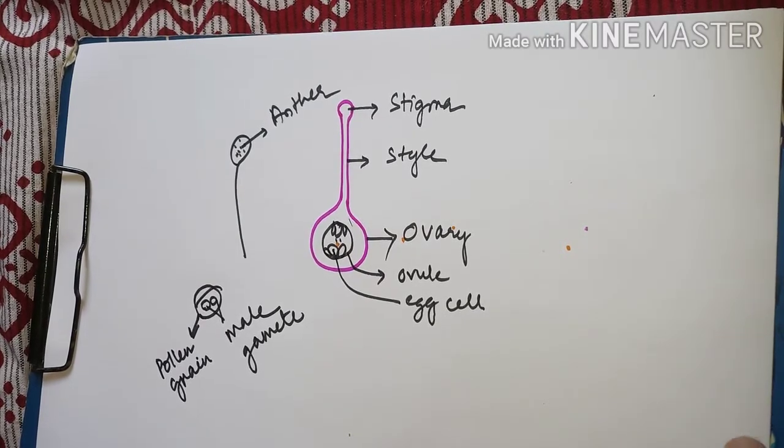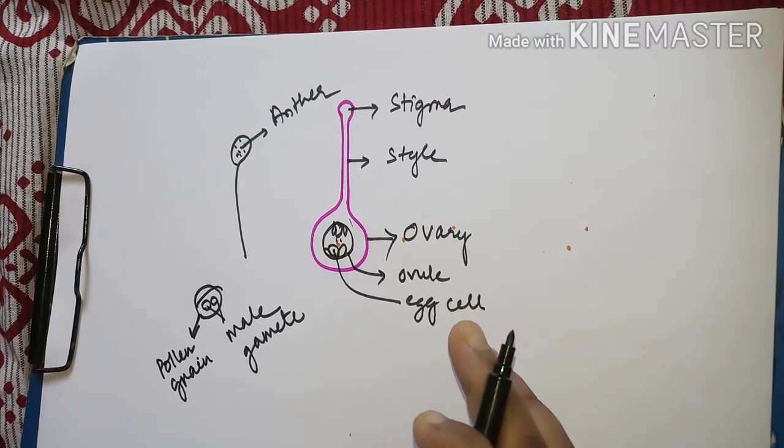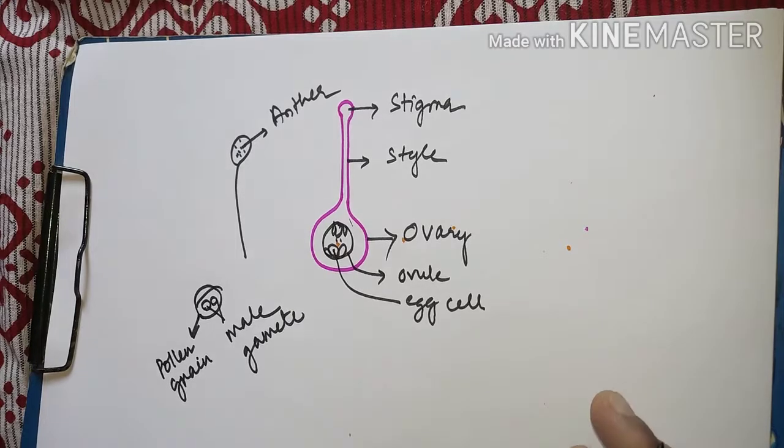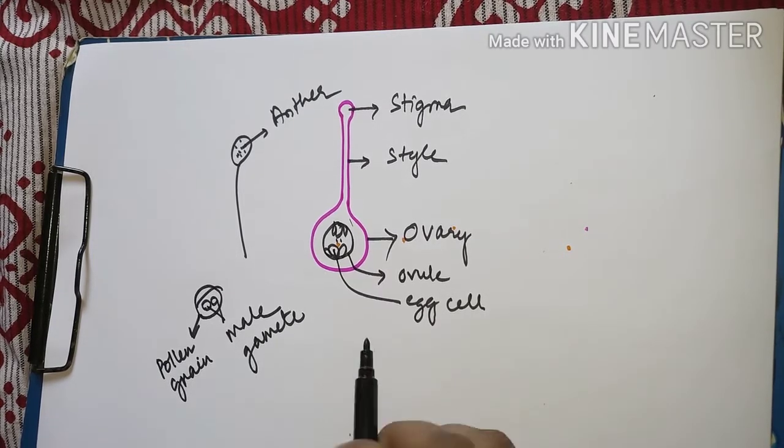In both cases the germ cells have to be haploid, and the parent body from which the gametes come out is diploid, due to which meiosis, or reductional cell division, occurs and the gametes are produced.